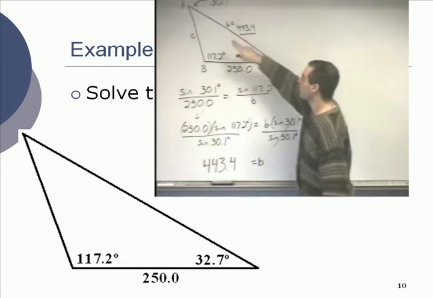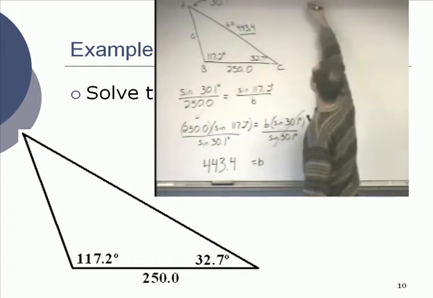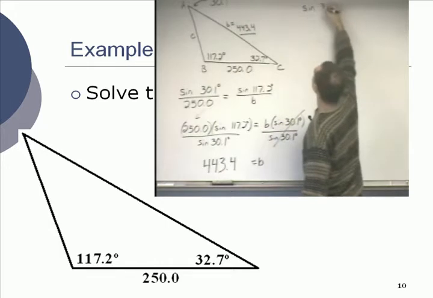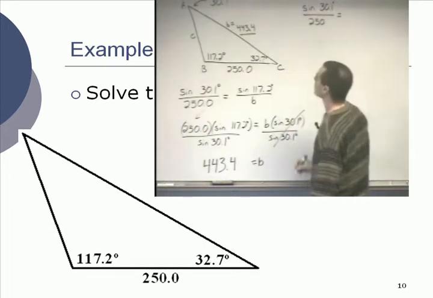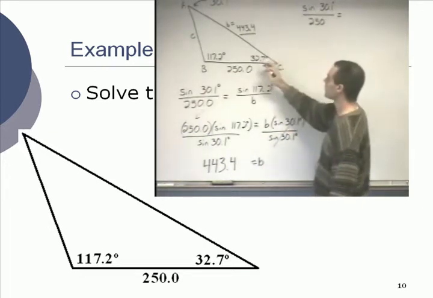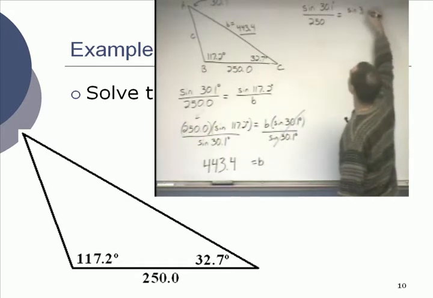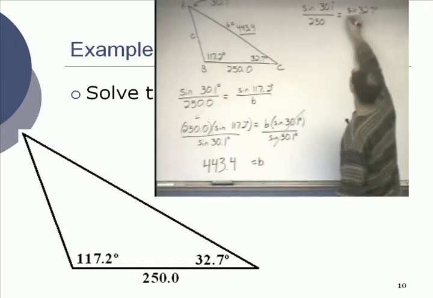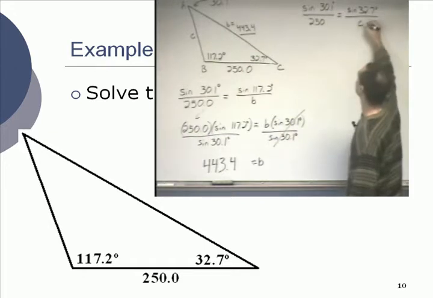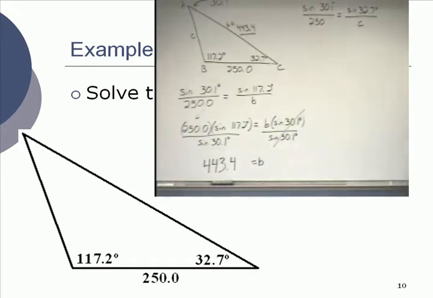The sine of 30.1 over 250 is going to be equal to the sine of 32.7 over C. Agree with that setup to find side C?